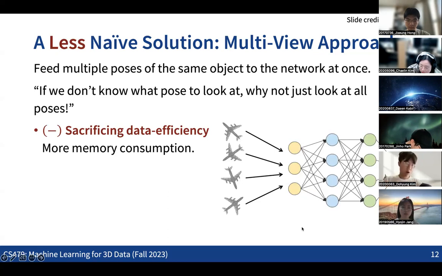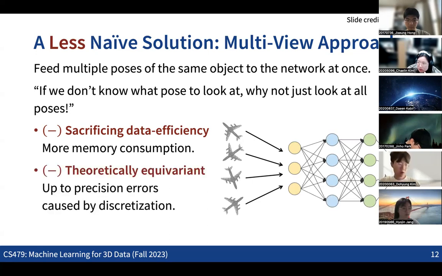But this also requires a neural net with more capacity, because making a single data point into a set of sets makes it a much larger piece of data. There might also be precision errors.